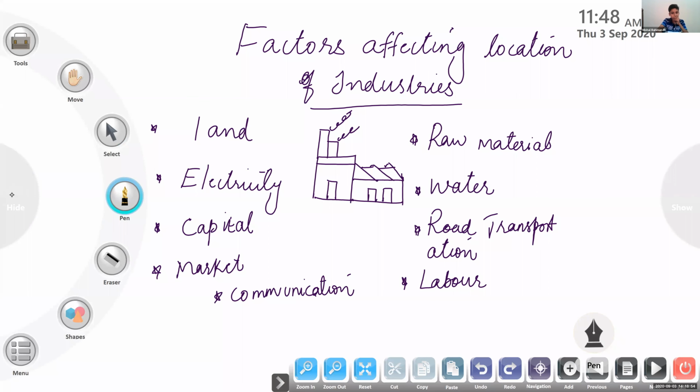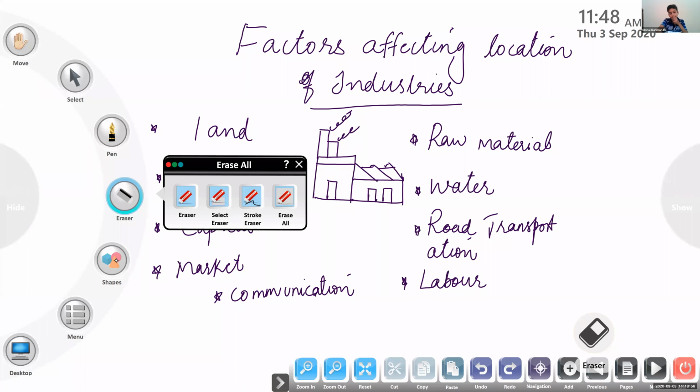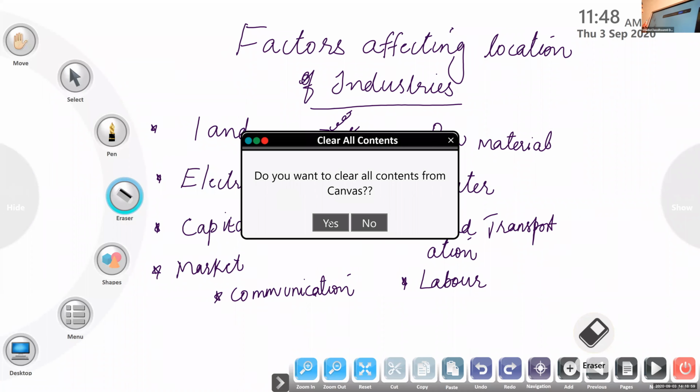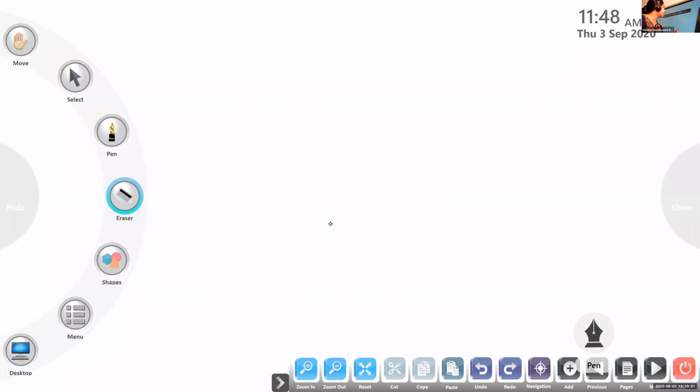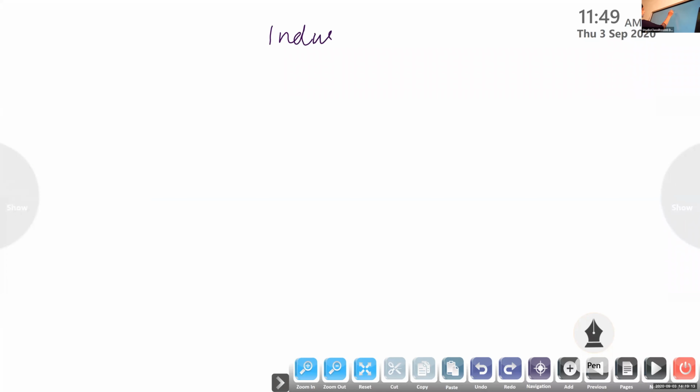Next important thing: when we discussed the lesson on agriculture, we discussed the farm system. Do you remember the farm system? Yes, ma'am. Same like that, in this lesson we have the industrial system.